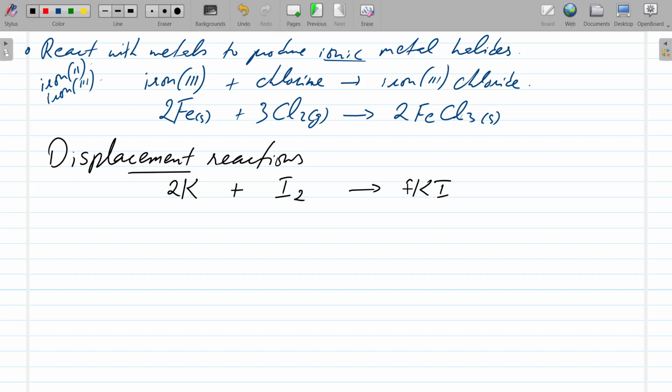Balance this out. Now, what happens is, for example, if I react this potassium iodide, which is aqueous, with chlorine gas, what I'm going to end up with is potassium chloride and iodine.